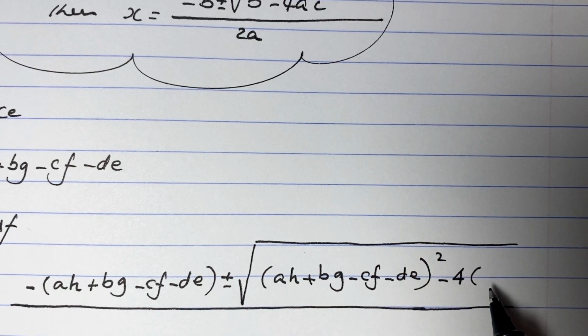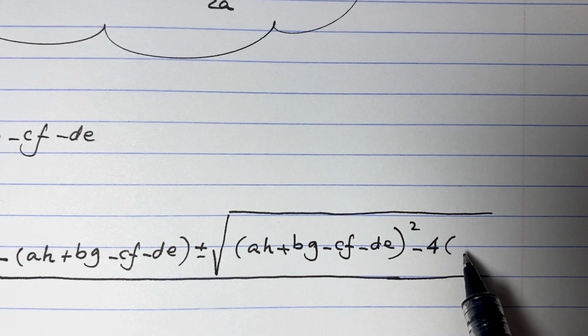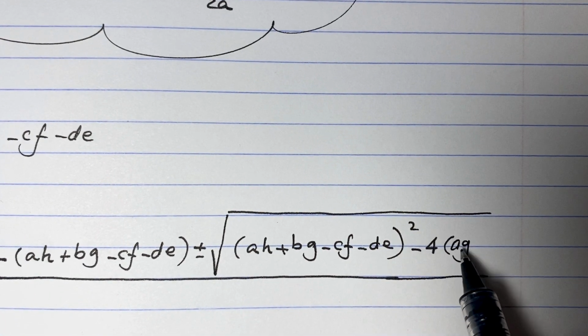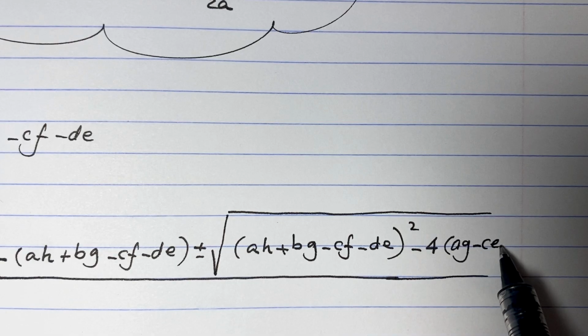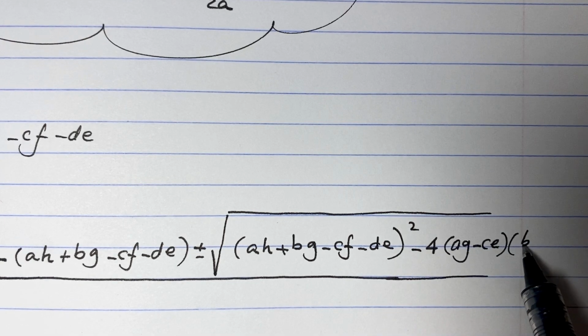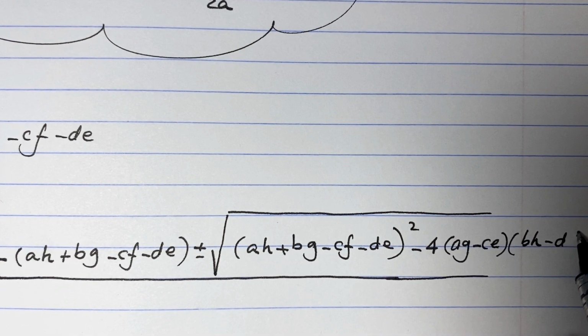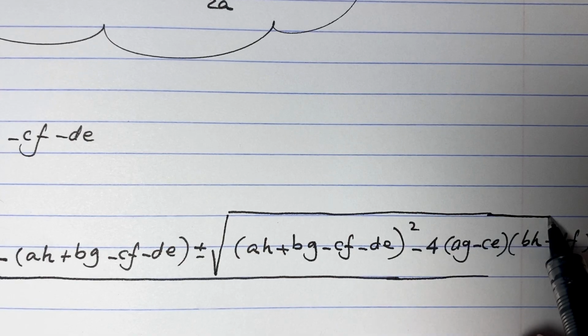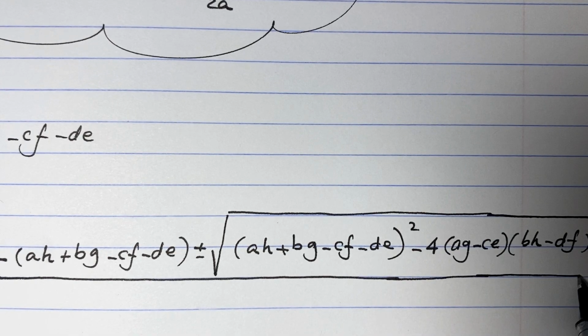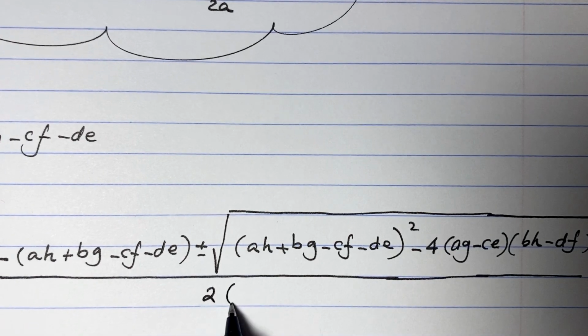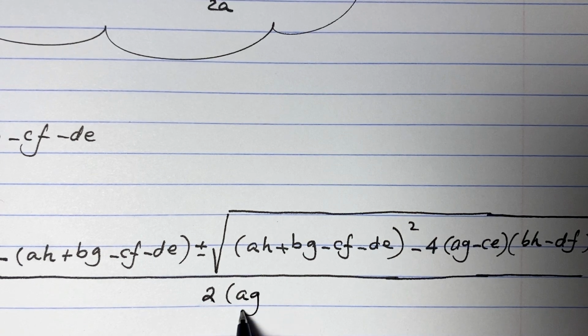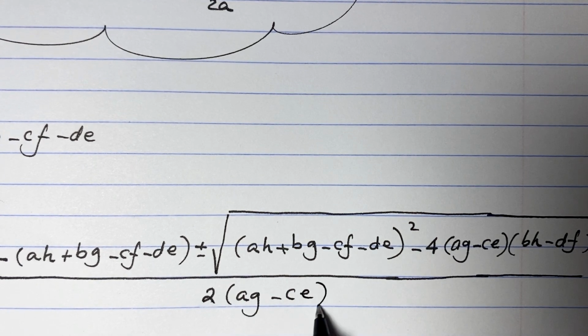So we have 4 lots of ag minus ce times bh minus df. All that divided by 2 lots of a, 2 lots of ag minus ce.